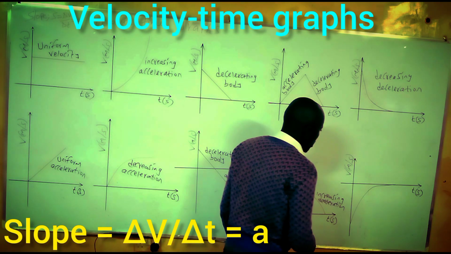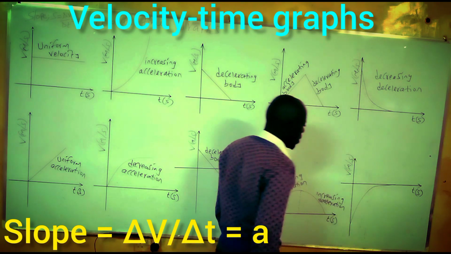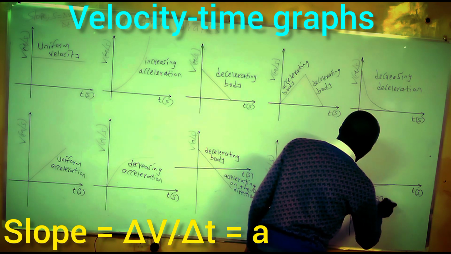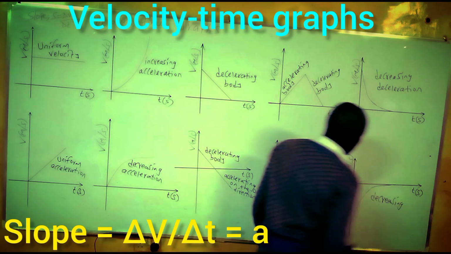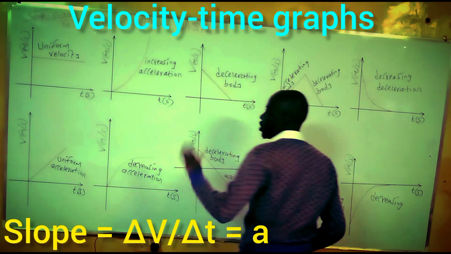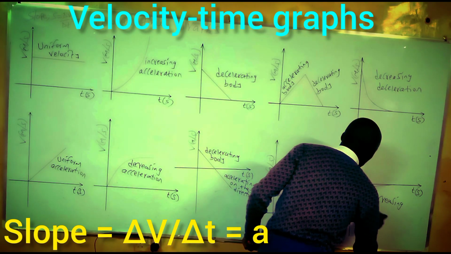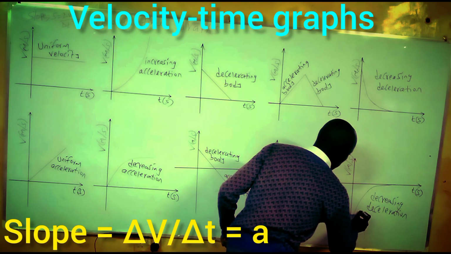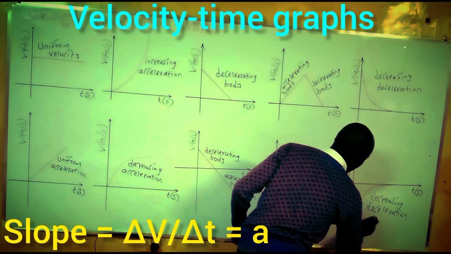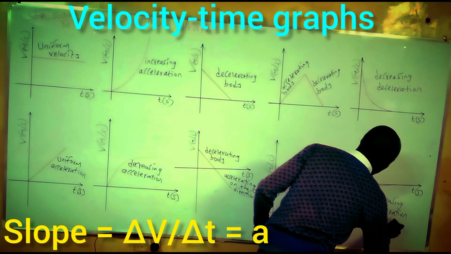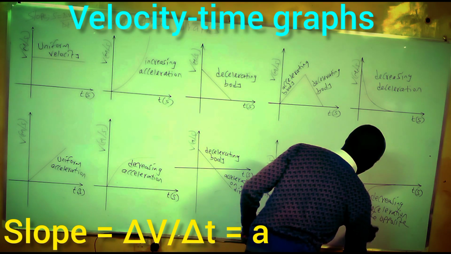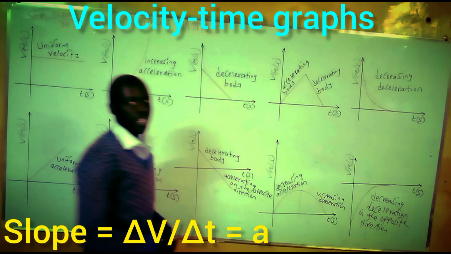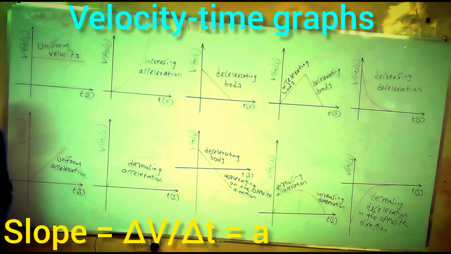Then finally we have this. First of all, the slope is decreasing. That means we have decreasing deceleration in the opposite direction.